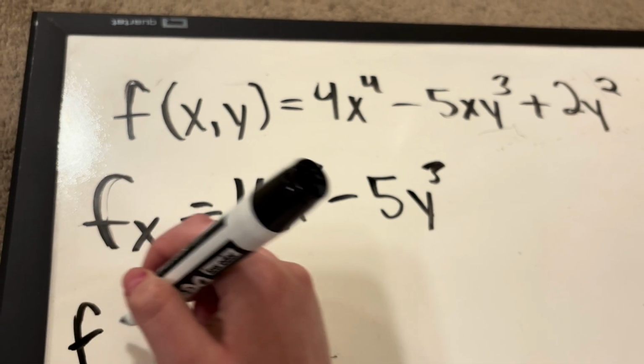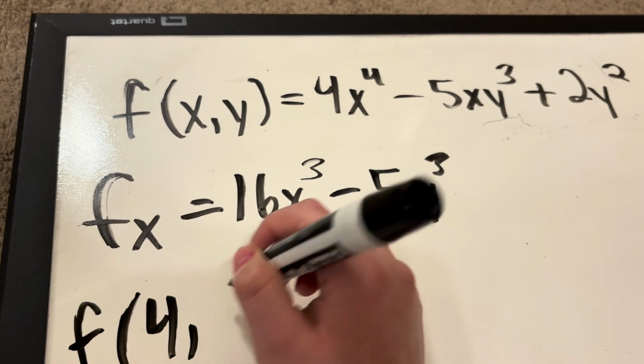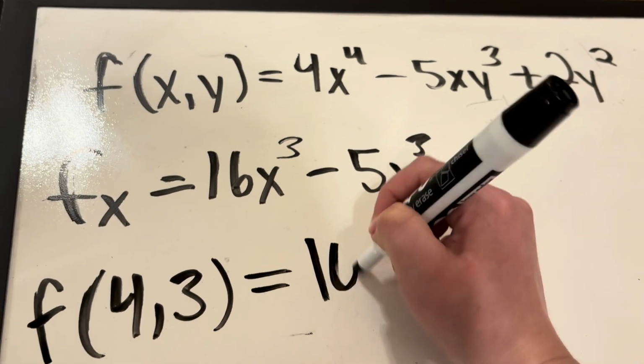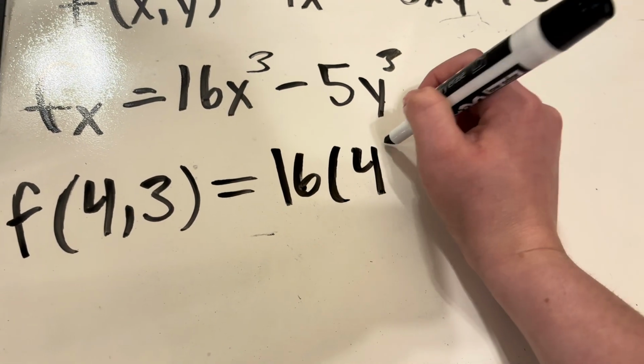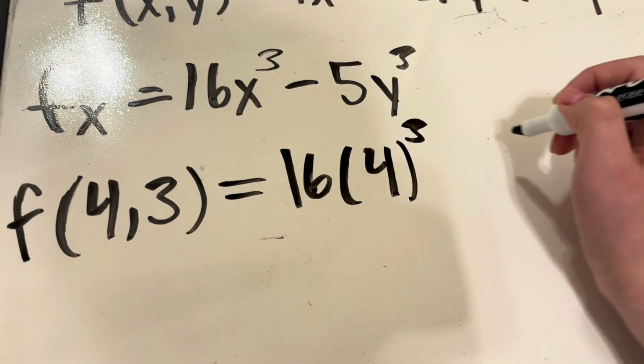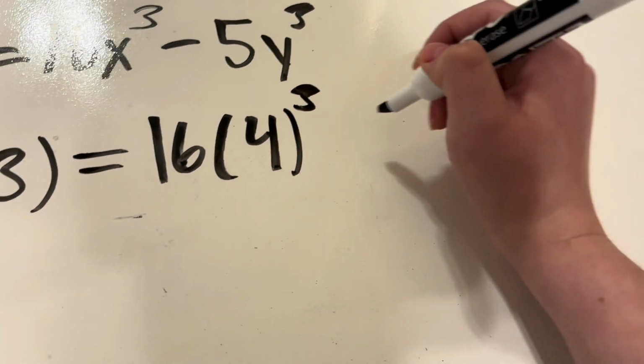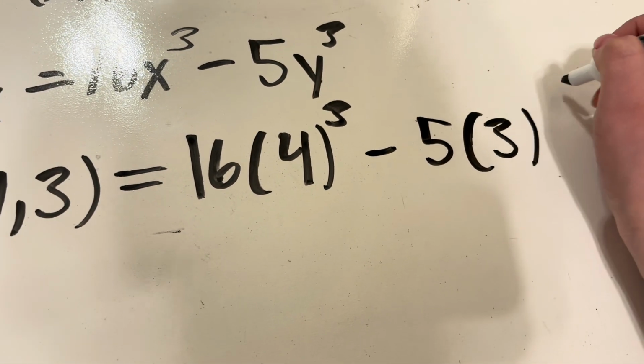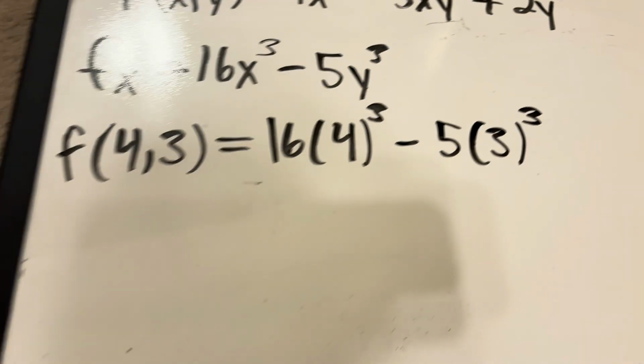Now, for our second step, we're going to be plugging in the coordinate 4, 3. So we're going to have 16 parentheses 4 to the power of 3 minus 5 parentheses 3 to the power of 3.